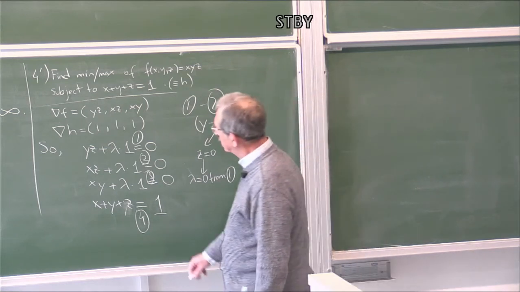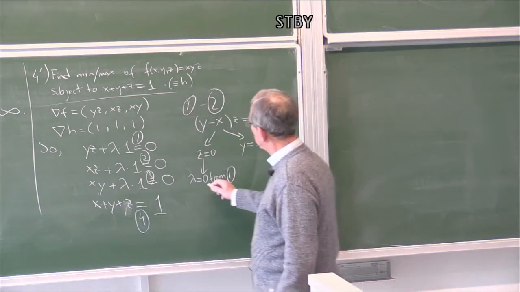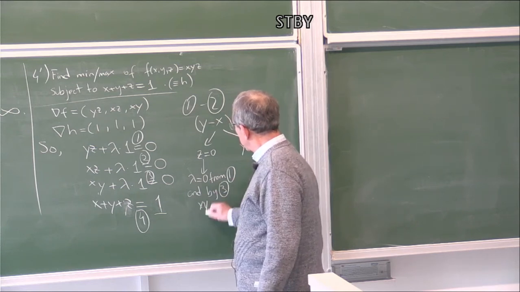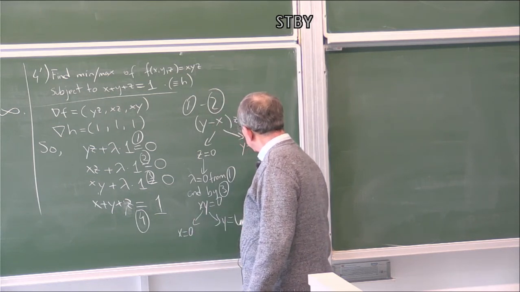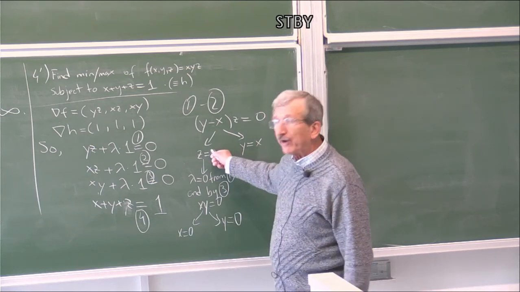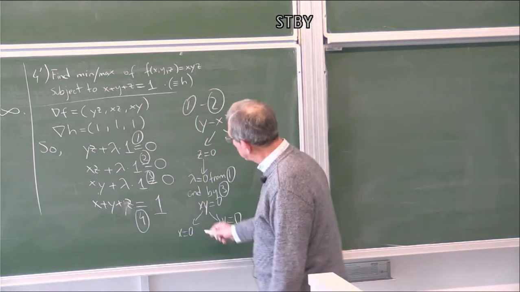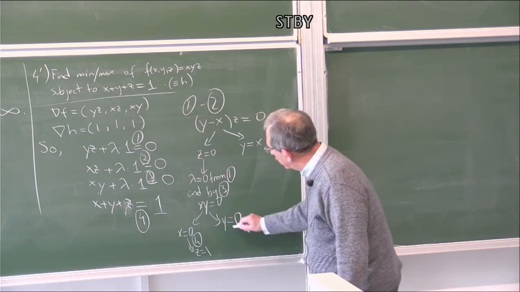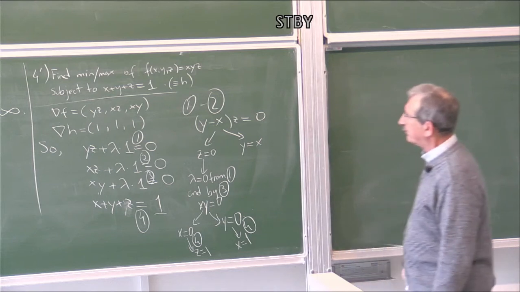And because lambda is 0 now, from 3 we have xy is 0. There are two possibilities, x is 0 or y is 0. Now, if x is 0, z was 0 already. If x is 0, the fourth equation says that y is 1. And if y is 0, this means x is 1.